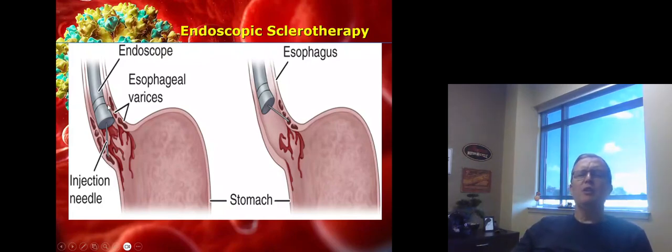And in this picture, what you see is a needle that's been extended into the varix, in this case, that's bleeding. If you look at this other picture to the right, we have two varices here on the bottom that are bleeding. These top two are not. You can see the little depiction of blood running down back here.